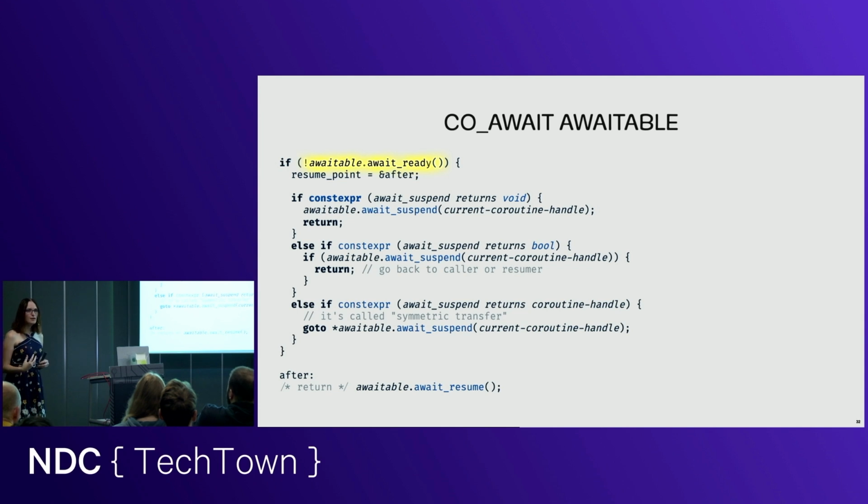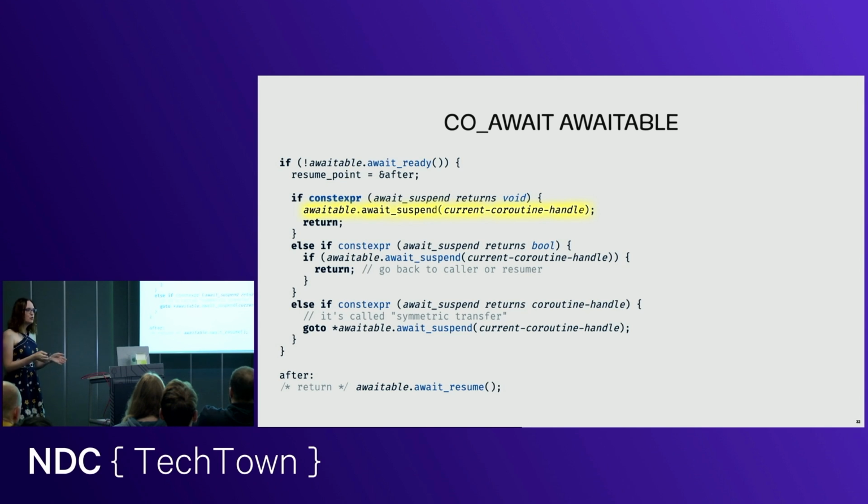If it's not, you need to suspend and do something else to get it later. So if it's not await ready, then we need to store where we will resume next time, when we resume this current coroutine. If await suspend of the something returns void, we just suspend with the current coroutine handle.